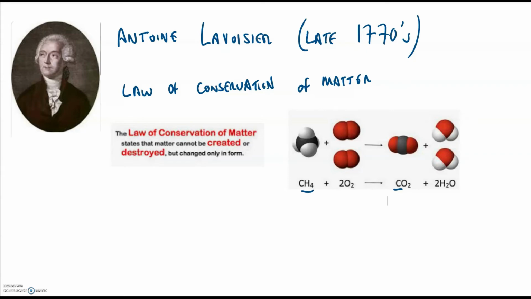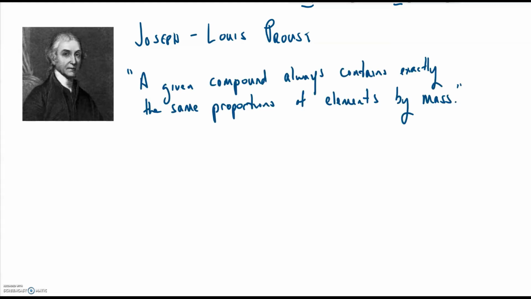So that brings us to, gentlemen, this is Joseph Louis Proust, also from the late 1770s, who was the first to notice that a compound always contains exactly the same proportions of elements by mass.